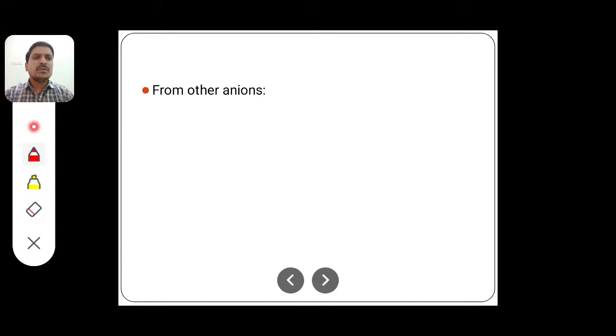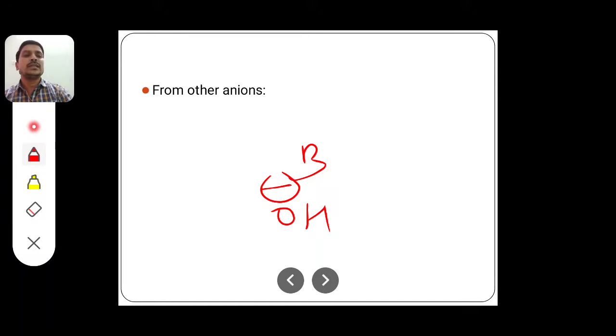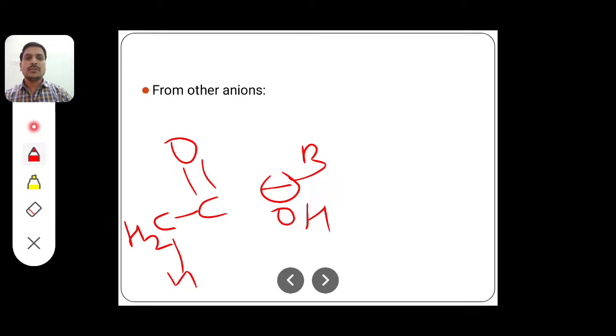Next method, from other anion you can generate carbanion. Like in the previous method, you can also discuss other examples. For example, a base, generally a base we are using, as we have seen in heterolytic fission, for example OH minus, is a base. When this OH minus is added to any organic species in which carbon carries acidic hydrogen, for example a CH3 group attached to a carbonyl group, as we have seen in aldol condensation, what happens in this case?